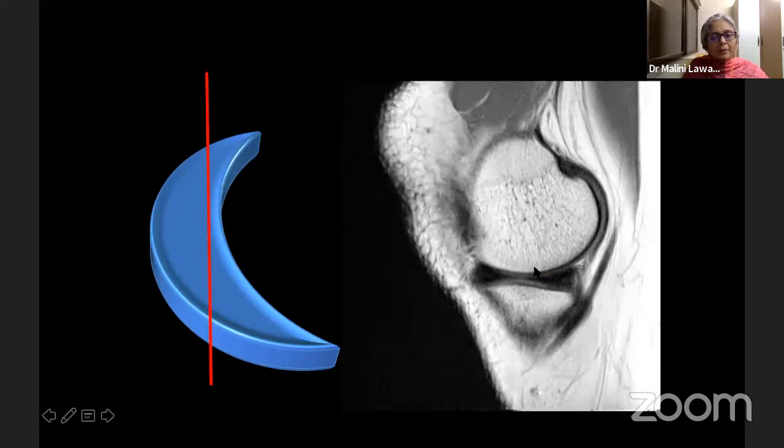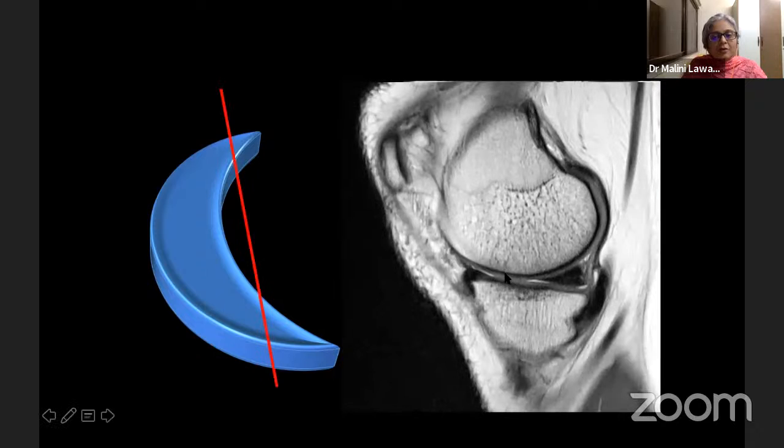As we come more inwards, we can now see the medial meniscus, the anterior horn, which we can outline here, and this is the posterior horn. Further, we can see the anterior horn is smaller. In the medial meniscus, the posterior horn is 1.5 to 2 times the size of the anterior horn.